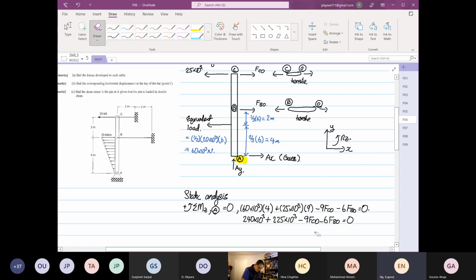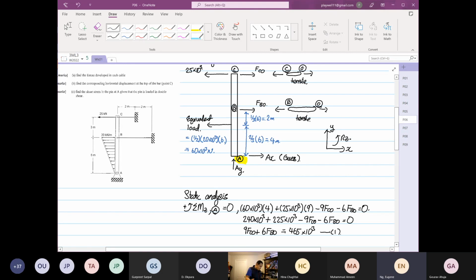Sorry, CO, not CD. So you will have 240 plus 225, 465. So you have 9 FCO plus 6 FBO, the whole thing equal to 465 times 10 to the power 3. This is our equation number 1.